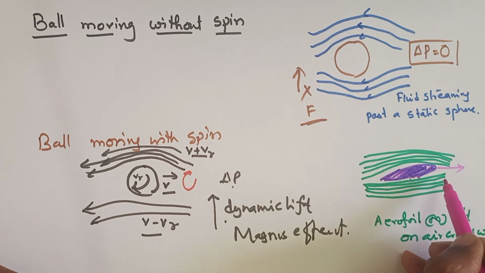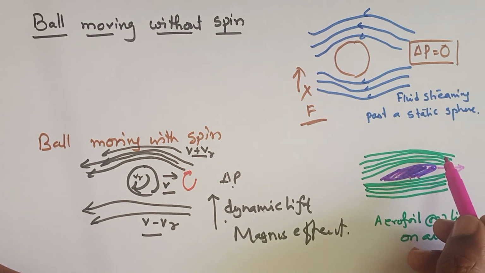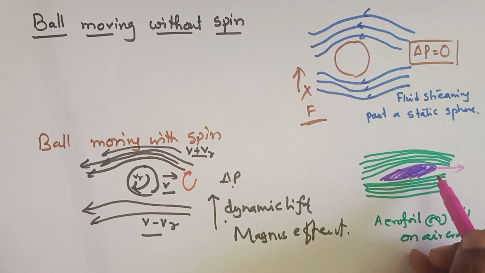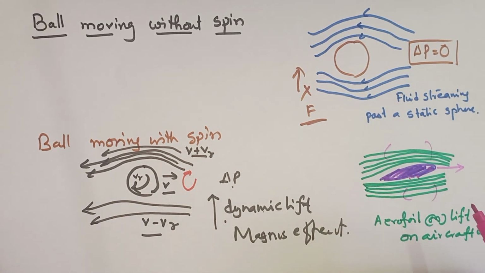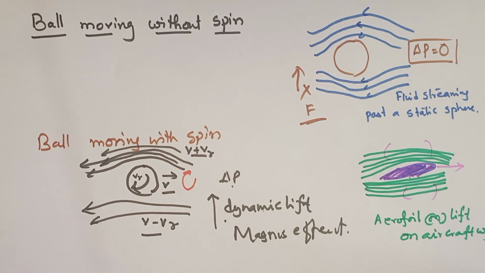When it is moving against the wind, what is happening here? Obviously, it drags the fluid, so the velocities above and below are different. When velocities are different above and below, a pressure difference is created, right?